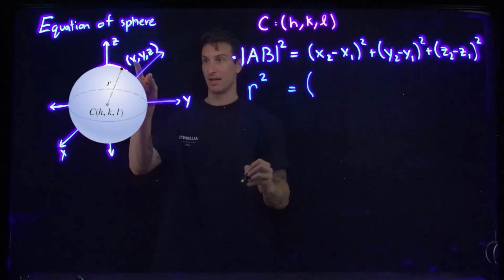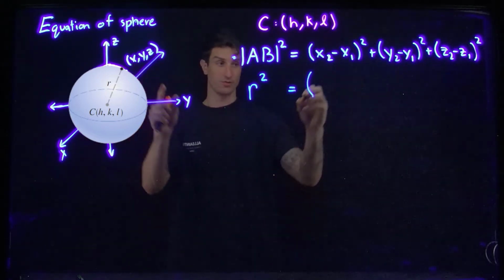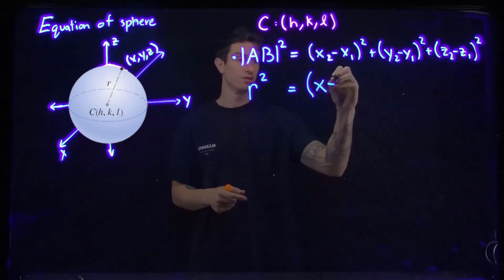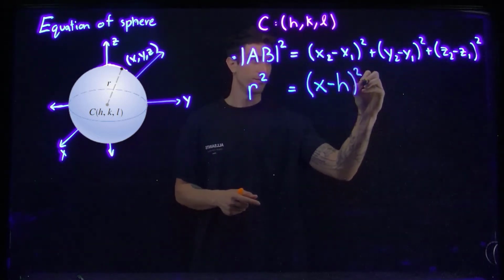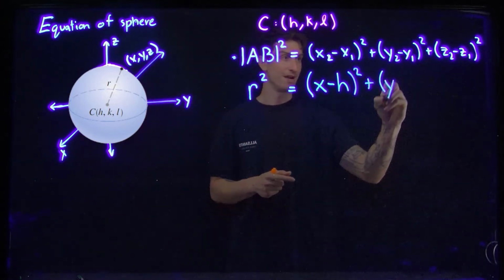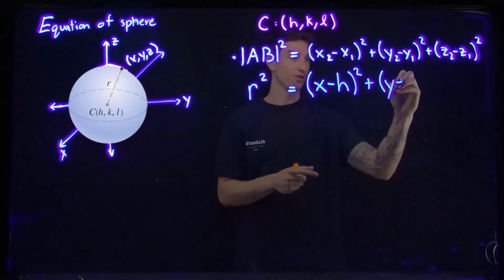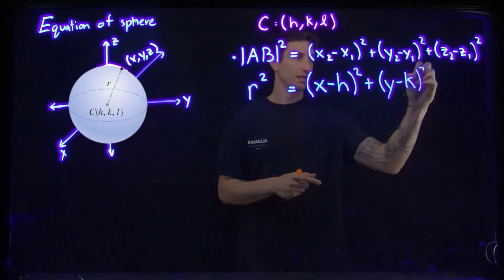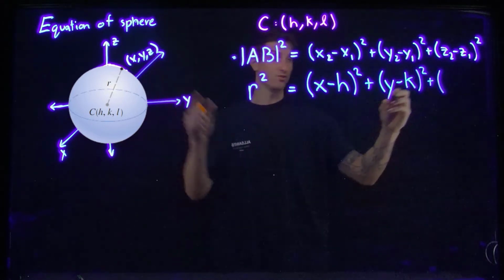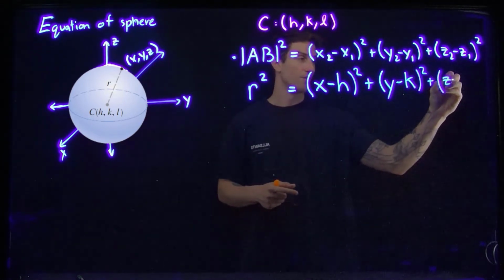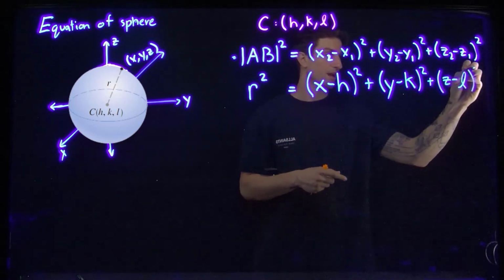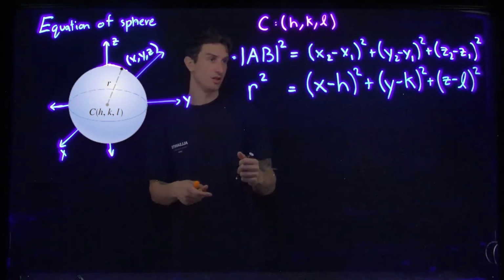We have our x value, we'll just call this one x, minus our other x value, which we call h, squared, plus our y value, which is just some arbitrary y, minus our center y value, which we call k. And same thing, our z value, some arbitrary z value, minus, we call it L. And guess what we have? The equation of a sphere.